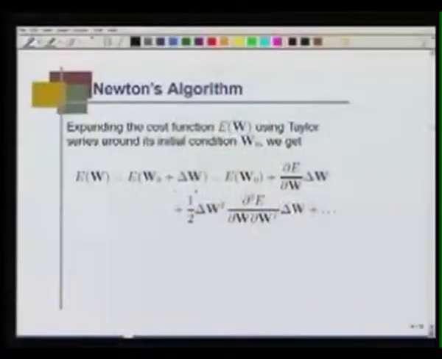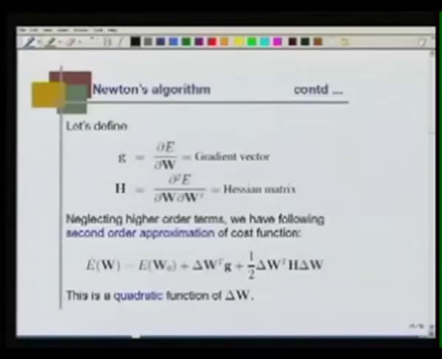Now, in Newton's algorithm, we take the same cost function E(W), again expand its Taylor series, and take the second order approximation here.